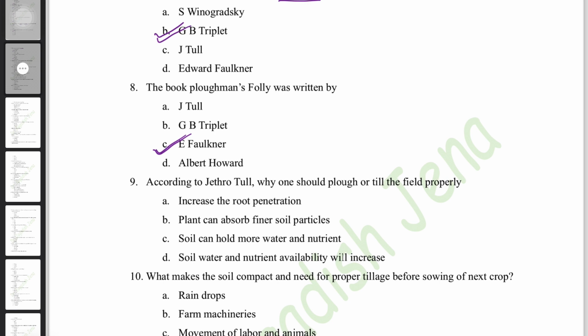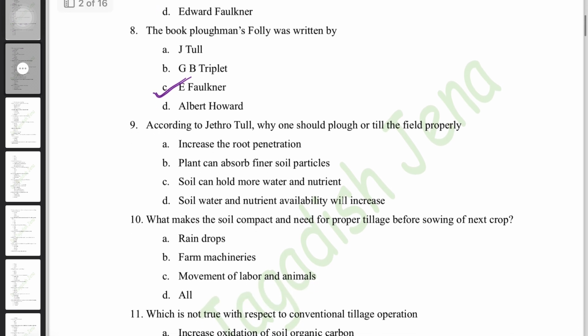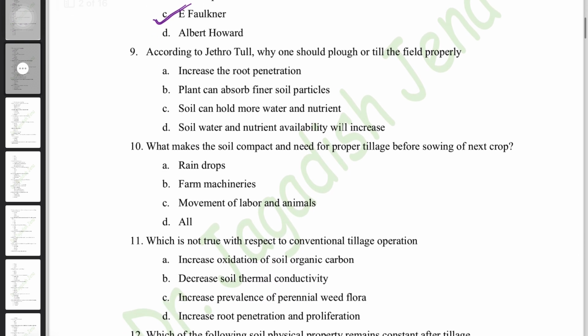Next question, according to Jethro Tull, why one should plow or till the field properly? Jethro Tull was the first person to propose that you should till the soil, or you must plow the soil. So what was his concept? That plants actually do not take nutrients and water directly. Plants take finer soil particles.